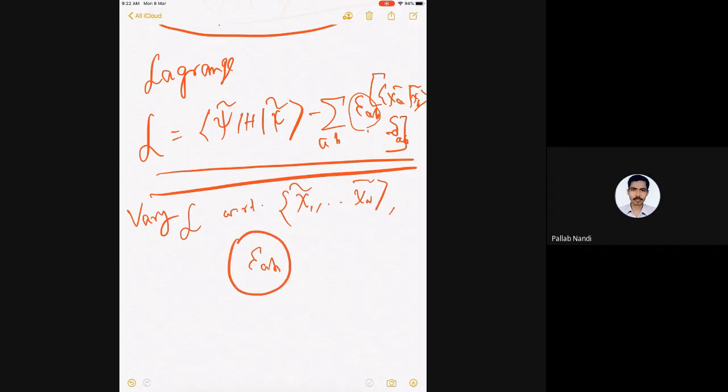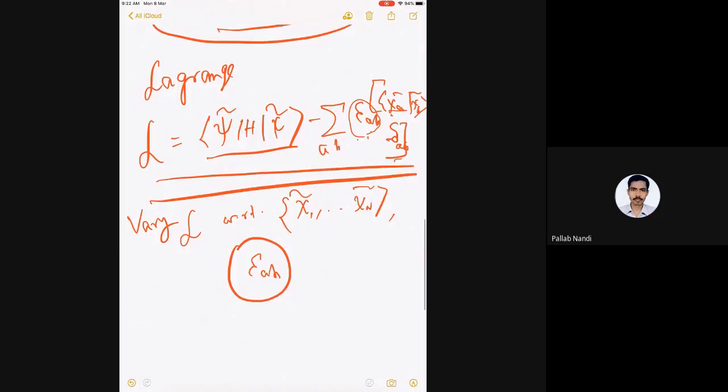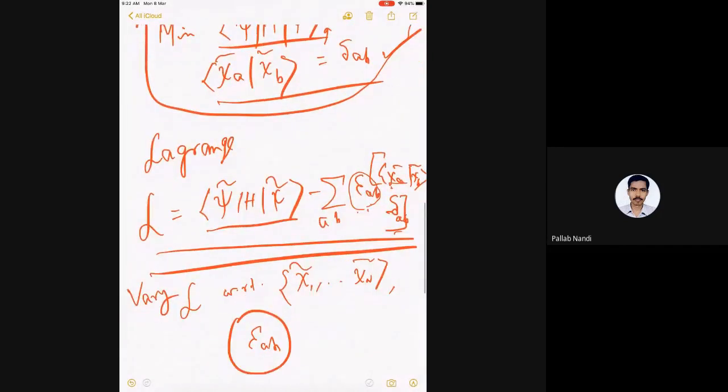You can clearly see if I vary with respect to epsilon AB, this does not have any epsilon AB, so it's a partial variation. Automatically this is going to be 0. Variation is basically first order change equal to 0, so this will become 0. So I automatically get back this condition. That's the whole idea. It does not disturb, so the condition is automatically satisfied in the process of variation.